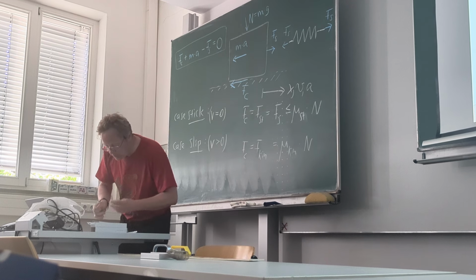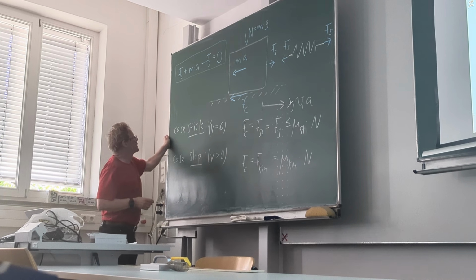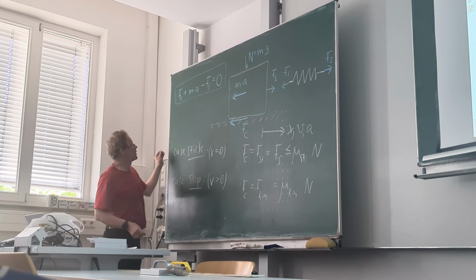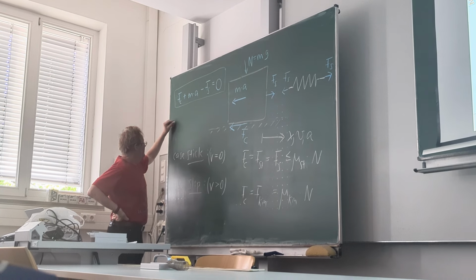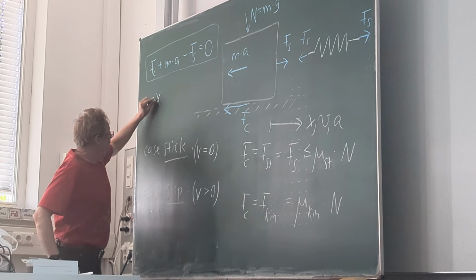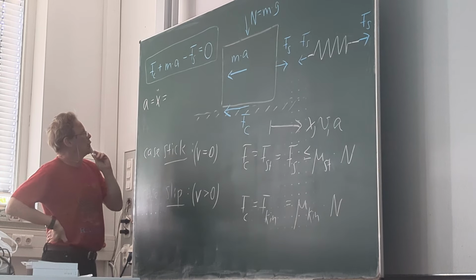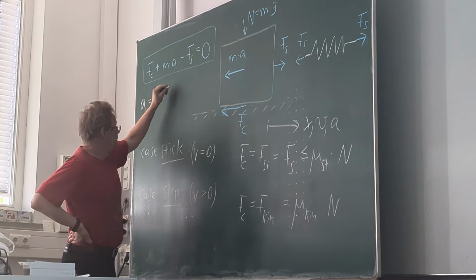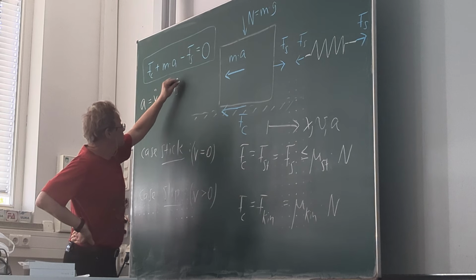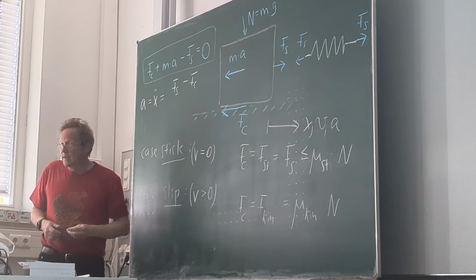Then, more important, we need to solve this equation for the derivative, that means for our acceleration. So acceleration, or x double dot, is the same as, let's put these two on the right side, F spring minus the friction, and we have to divide that by the mass.